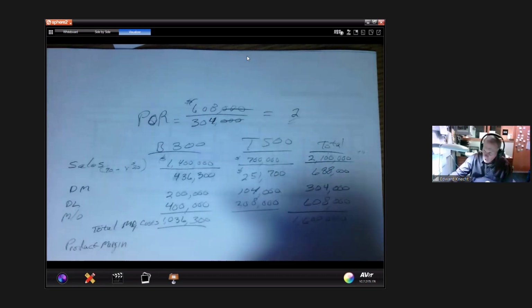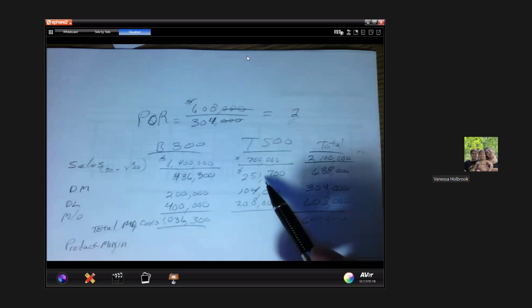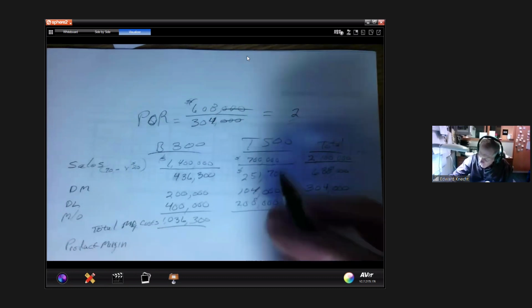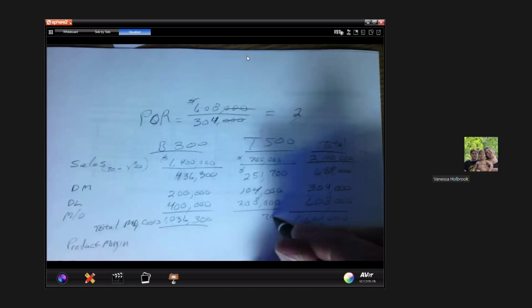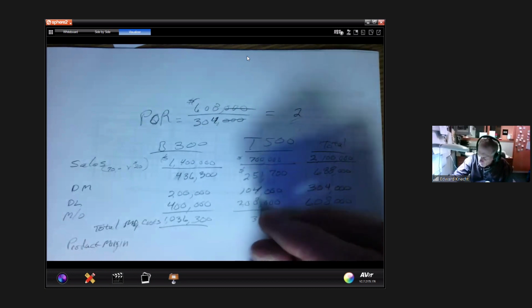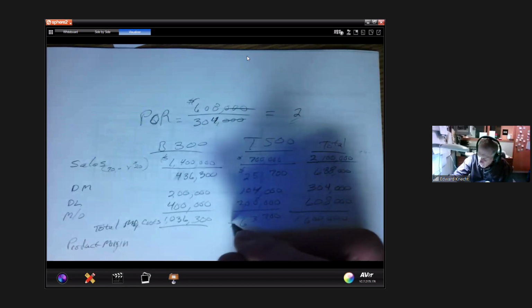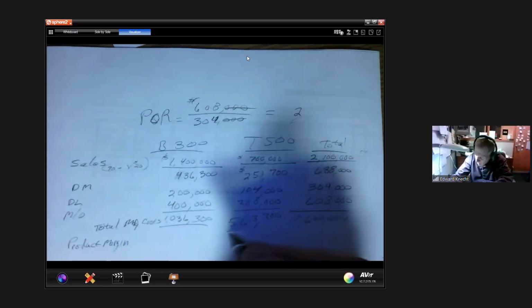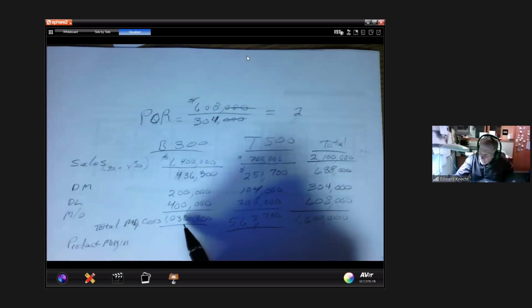Okay, so what is the difference here? We got 251,700. So that's going to be 700 coming down here. We got 12, 13, carry my 1, 6, 5. Did I do my math correctly there? And then we have to subtract.